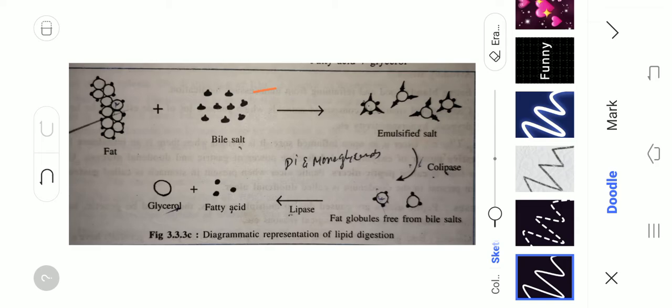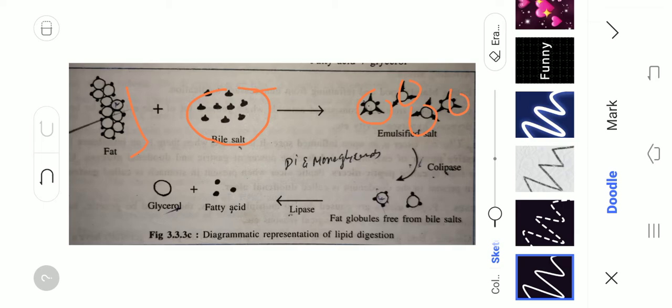So these are the fat molecules, and these are the bile salts. These bile salts are able to entangle or attach to the lipid molecules.